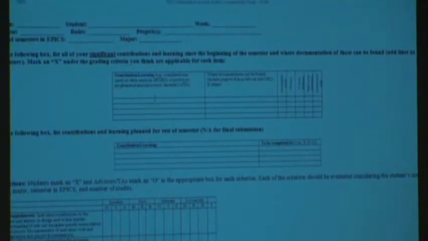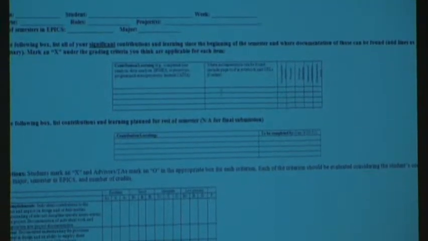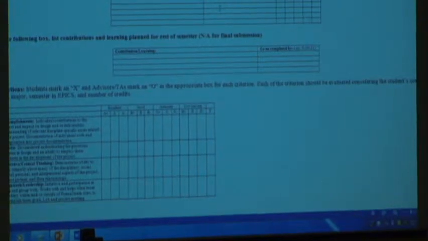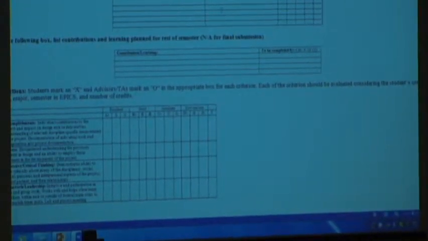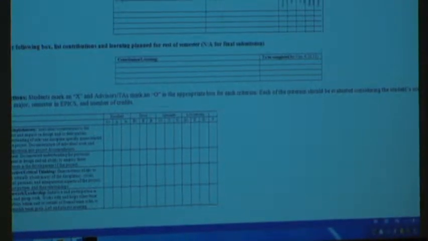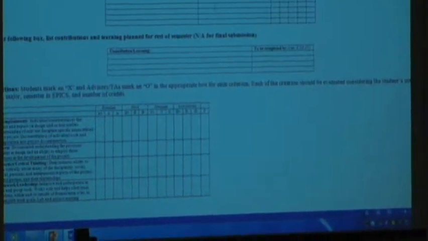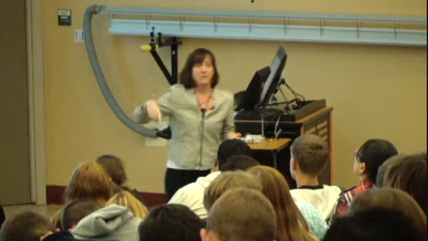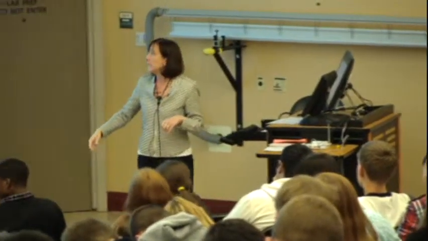And really the important thing too is where we can find evidence of it, and it needs to be specific. Don't say SharePoint or your notebook, because it's really hard to search all of SharePoint or all of your notebook to find evidence. So you want to be very specific. Or if you've written code, or if you have your project that you can actually point to, that can be your evidence as well.